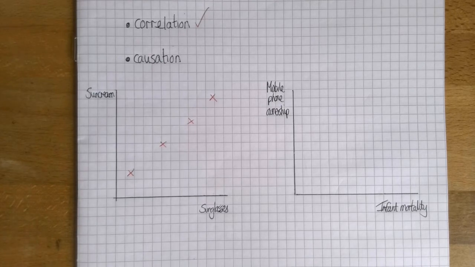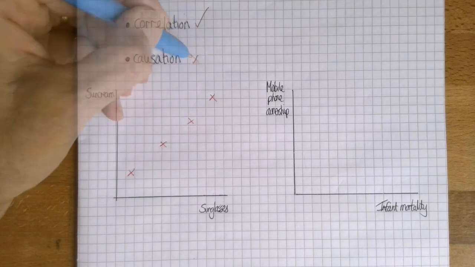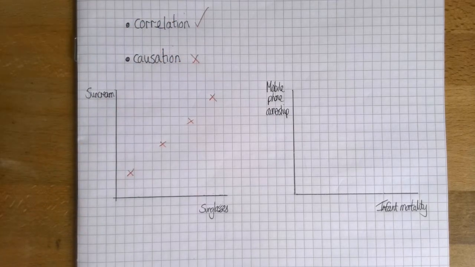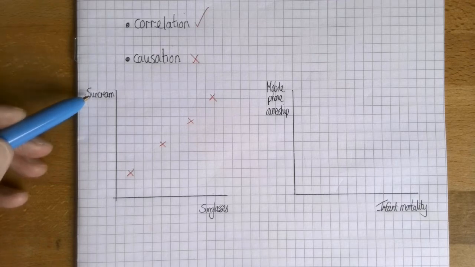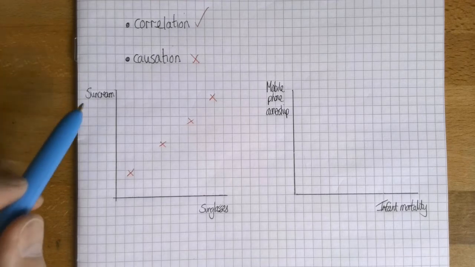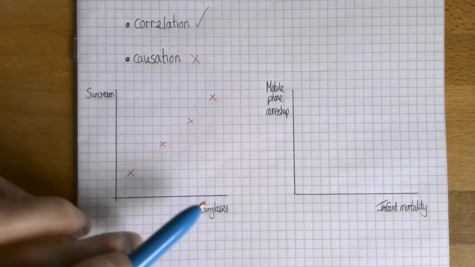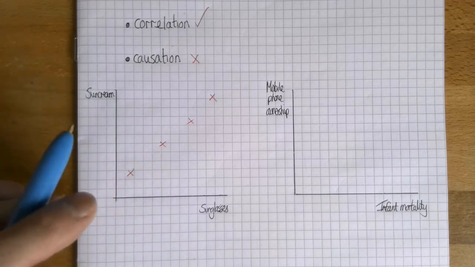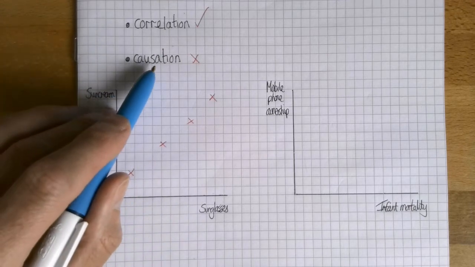I don't believe that lots of sales of sunglasses are causing lots of sales of sun cream. I think there's something else involved. I think the temperature is probably the thing that's causing both the sales of sun cream and the sales of sunglasses, or rather perhaps the amount of sunshine. So it's important to understand that a correlation, there's definitely a correlation between sun cream and sunglasses, doesn't mean causation.